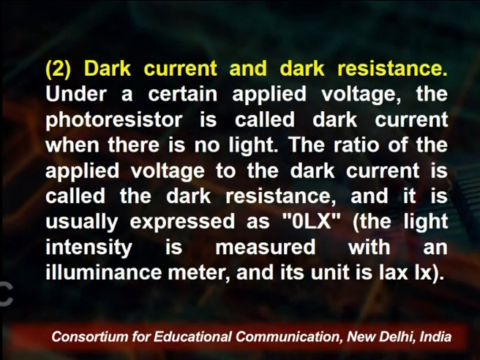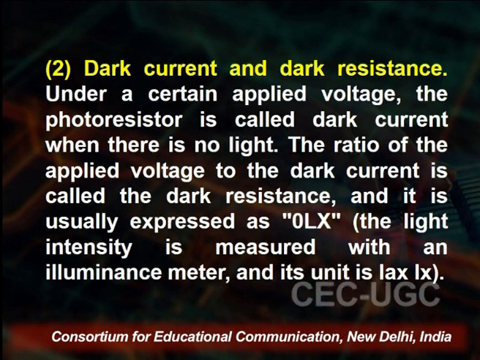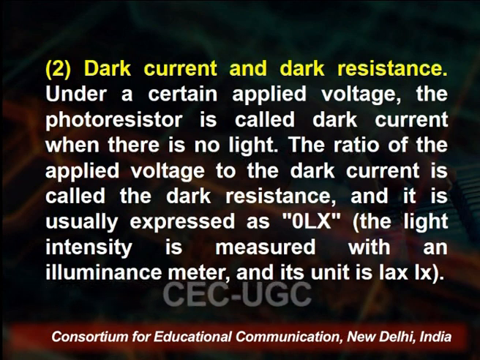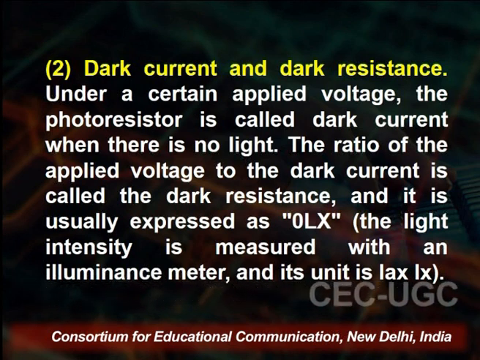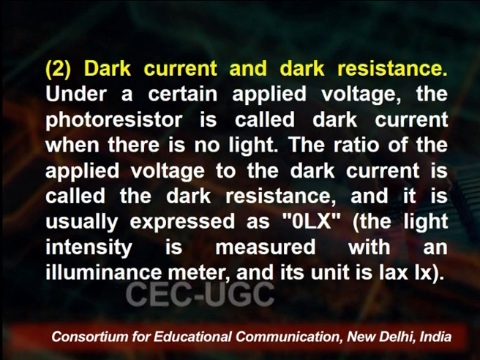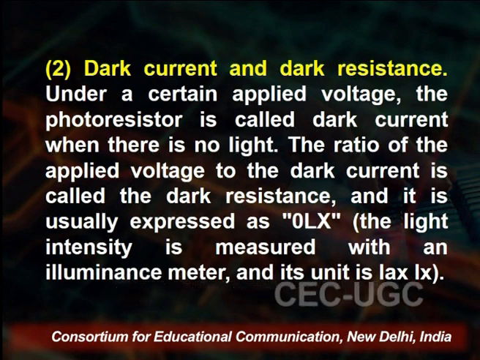The next parameter is the dark current or the dark resistance. What are the dark current and dark resistance? Under a certain applied voltage, the current through the photoresistor when there is no light is called the dark current. The ratio of the applied voltage to the dark current is called the dark resistance, and it is usually expressed at 0 Lx.